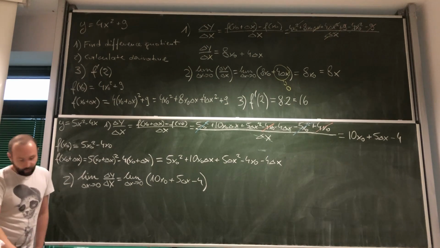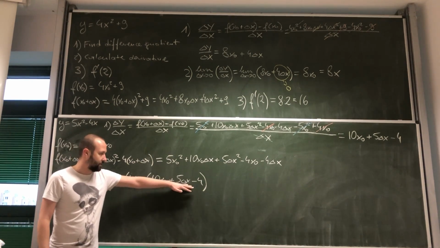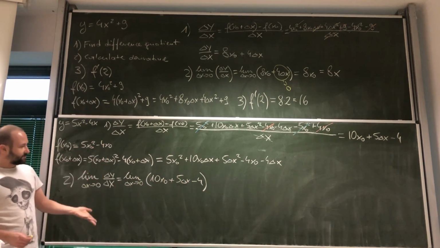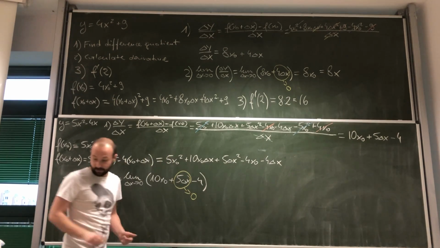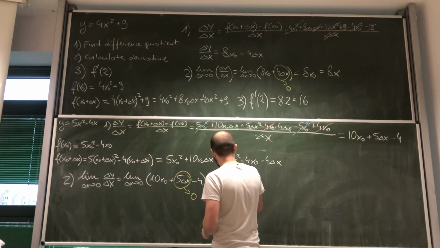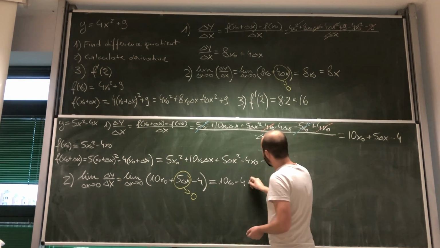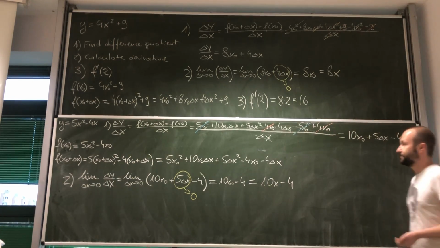And again, we clearly see that the only expression with delta x is this one. So when delta x is going to 0, 5 times delta x is also going to 0. We've got that this is 0. So we get 10x0 minus 4, or, because x can be any number, 10x minus 4.